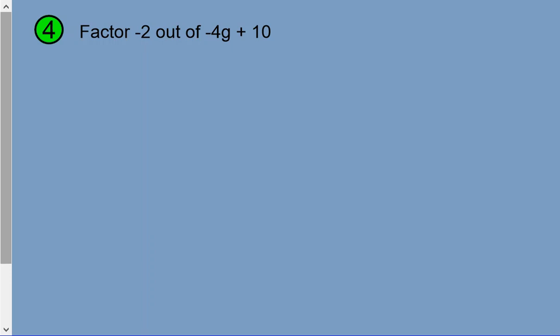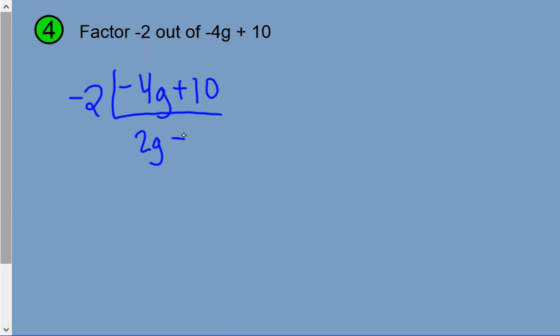Alright, the fourth thing we're writing down here is this example. We're trying to factor out negative 2 out of negative 4g plus 10. So we get negative 4g plus 10, and we're going to put it in the boat and divide by negative 2. Negative 4g divided by negative 2 would leave us with 2g, and 10 divided by negative 2 would leave us with negative 5.